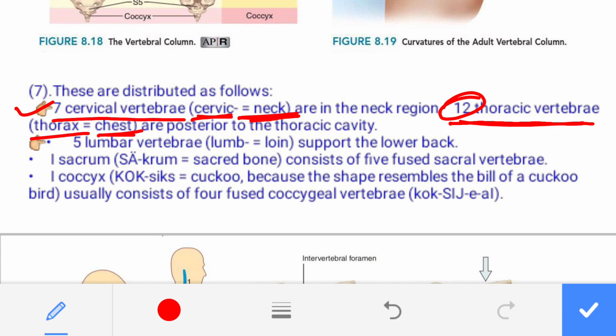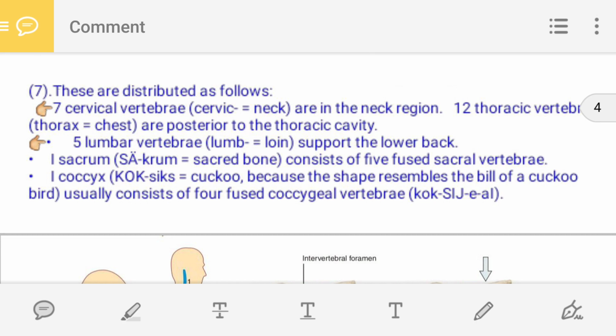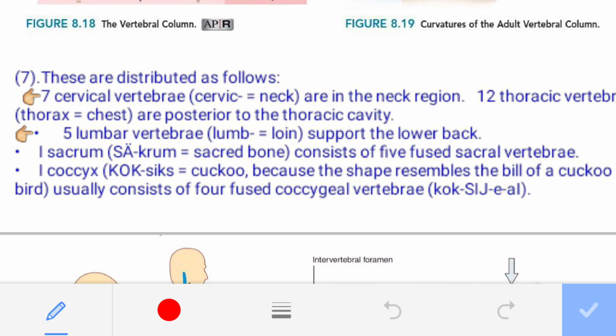These 12 vertebrae are present posterior to the thoracic cavity, so posterior to our chest, these 12 thoracic vertebrae are present. Now there are 5 lumbar vertebra, and these lumbar vertebra are supporting the lower back of our body.